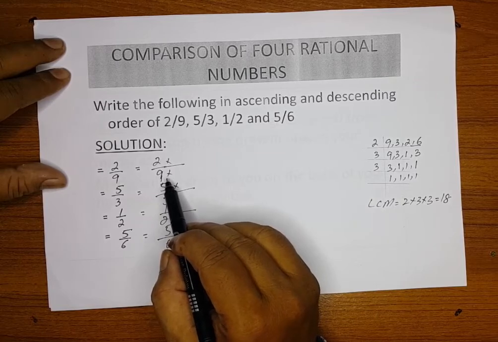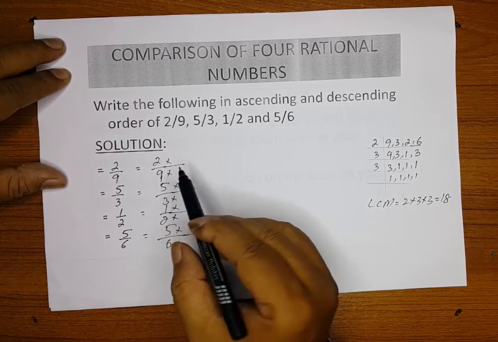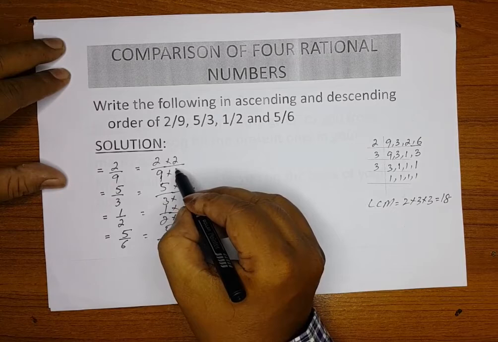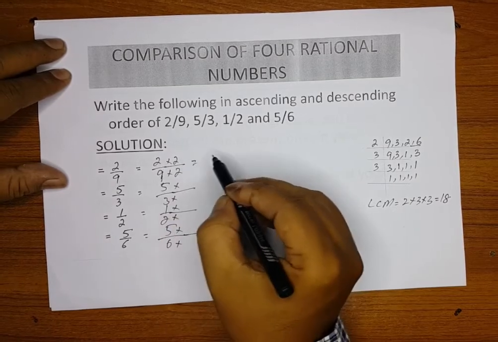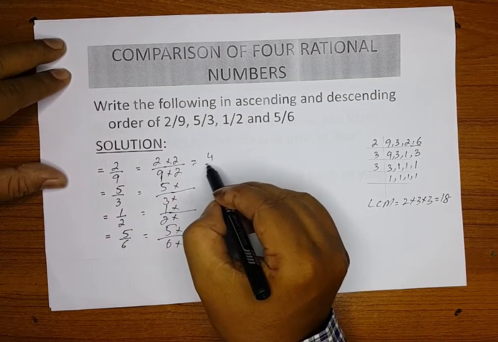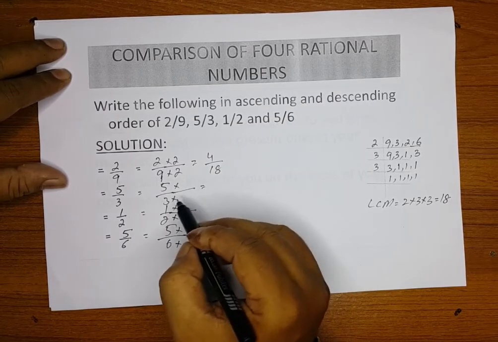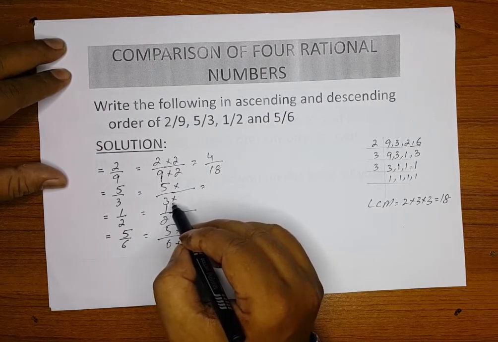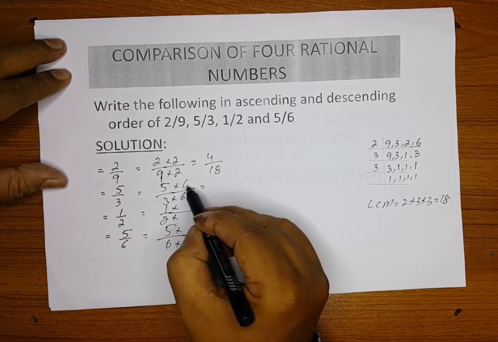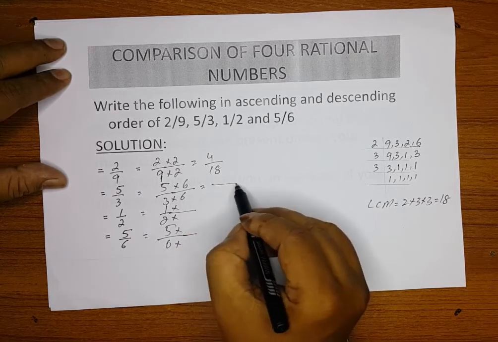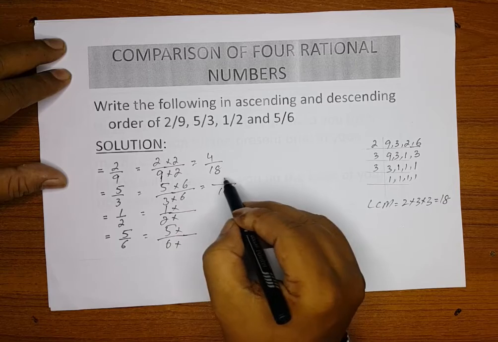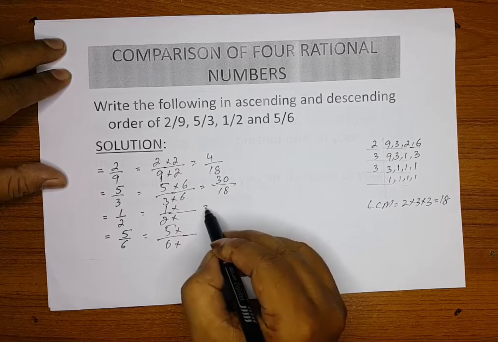We want to make it 18, our LCM. So if we multiply up and down by 2, then 2 twos are 4, 9 twos are 18. Then make 3 into 18. 3 sixes are 18, and 6 fives are 30.